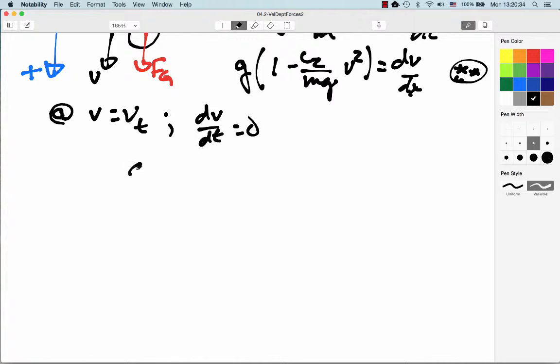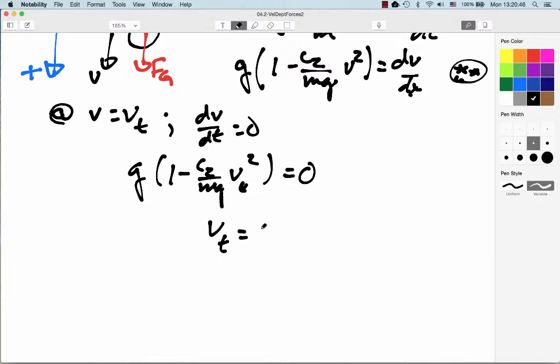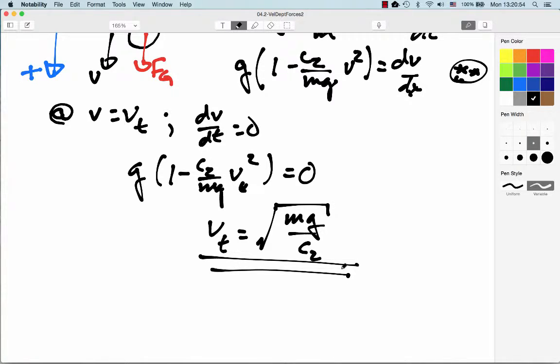So we will get g times 1 minus c2 over mg v terminal squared equals 0. And we can rearrange and get that vt equals the square root of mg over c2. All right.